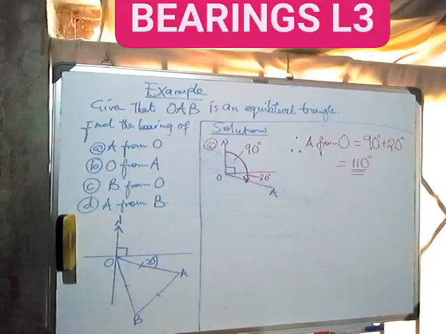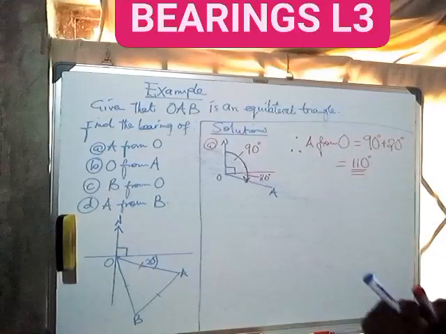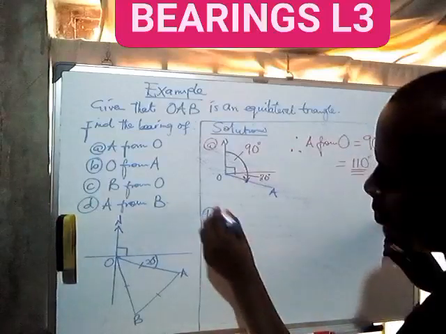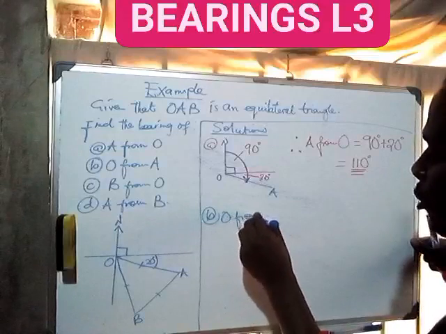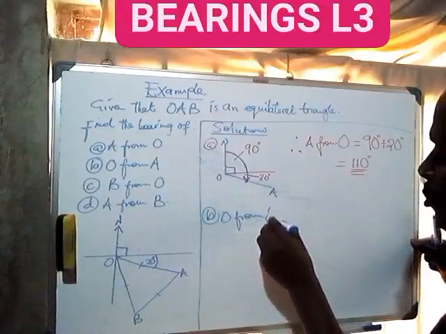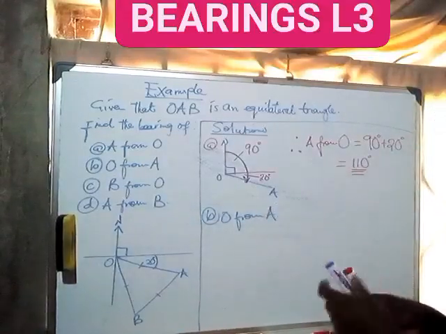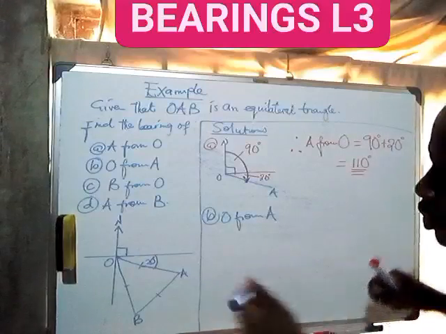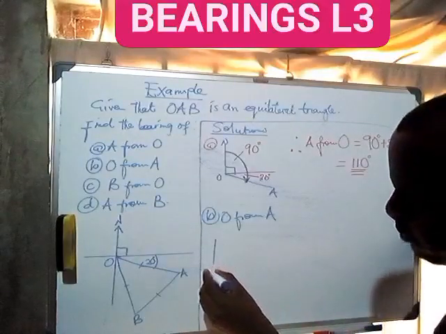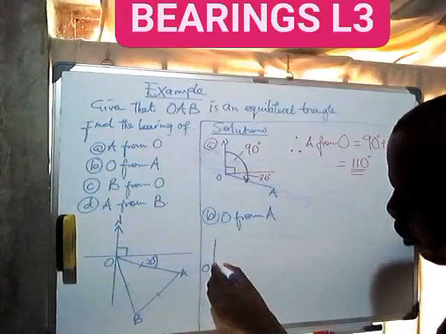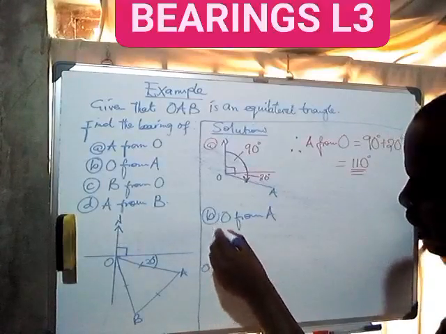So this is what we have. Now we go to question number B. We are finding the bearing of O from A. As usual, we are going to have our O. Our O is somewhere here, and we have the north there.